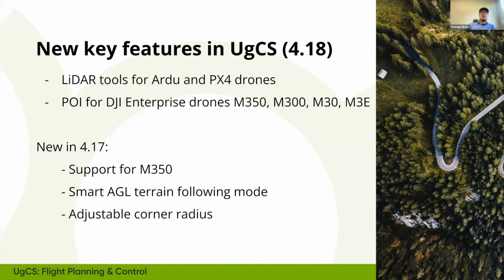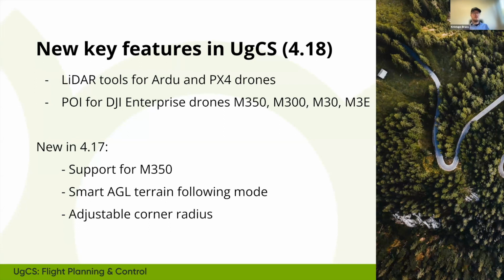And we also added the point of interest action for DJI Enterprise drones which are connected through the Pilot 2 connection: M350, M300, M30, and the Mavic 3 Enterprise series. I see there's one question about what about Mavic 3 Multispectral? Yes, this also includes multispectral.